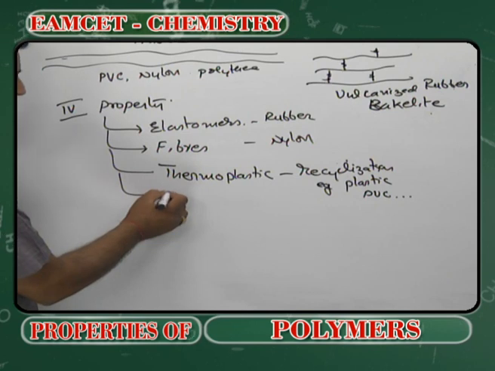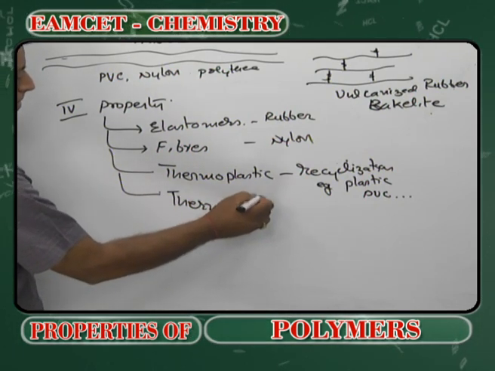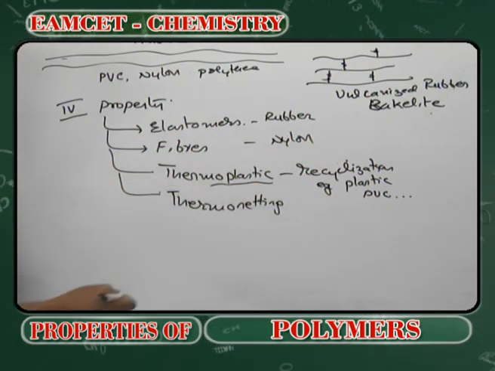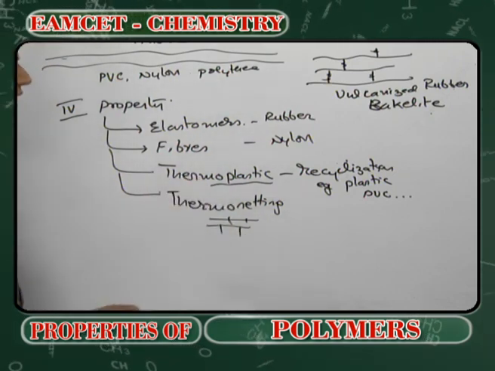The other type is thermosetting. Linear polymers generally have thermoplastic qualities, and cross-linked or 3D polymers have thermosetting qualities.